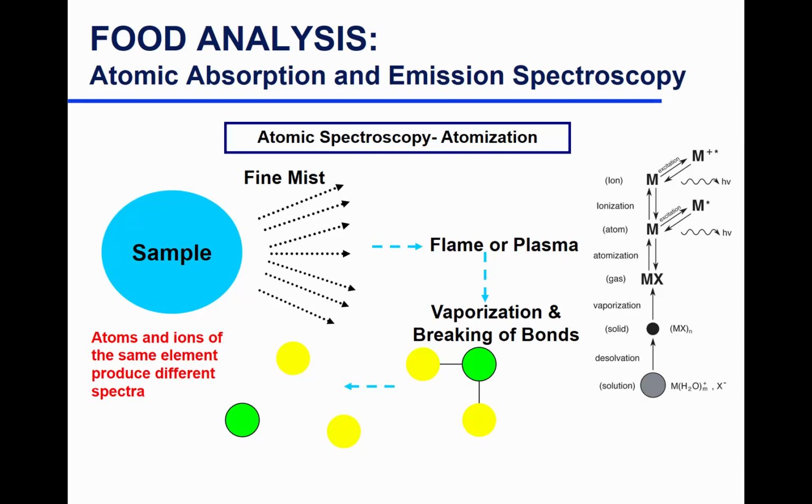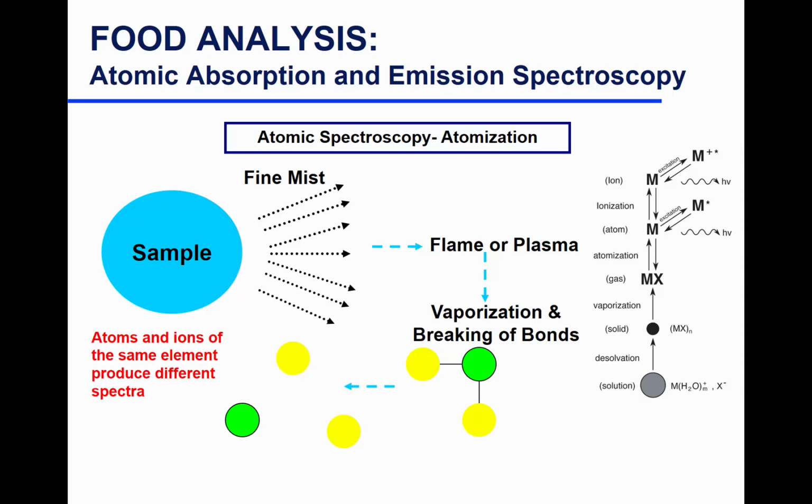The solid also vaporizes into gas, and then you get the atomization with the excess energy from the heat of the flame or the heat of the plasma. And then the atom absorbs light.